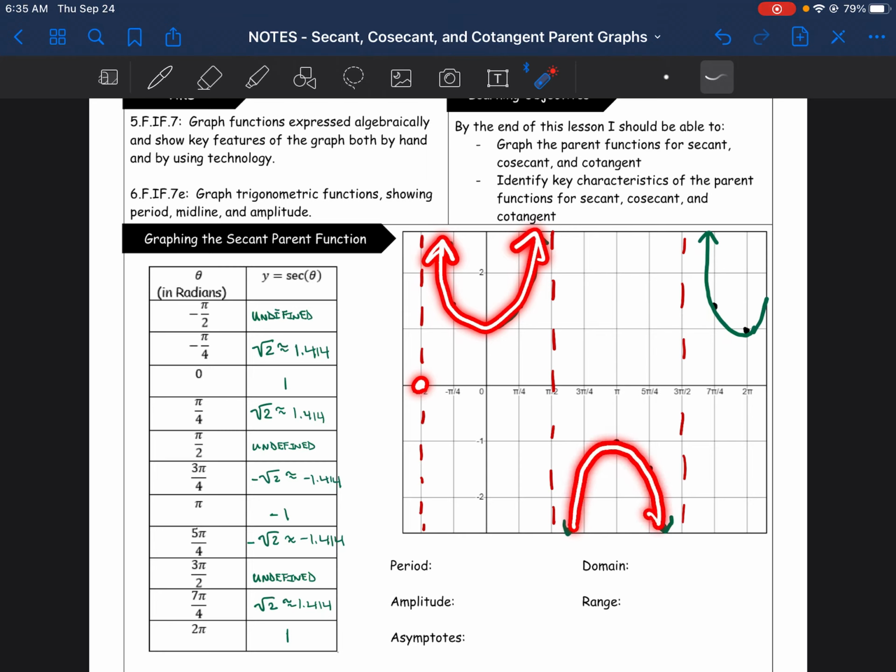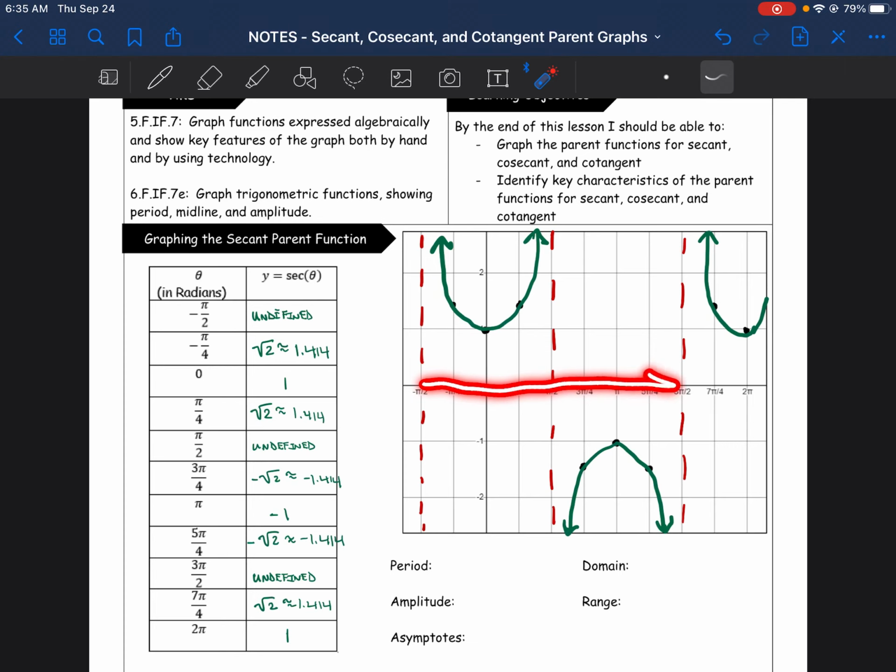This negative section, which would end at 3 pi over 2. And the distance from negative pi over 2 to 3 pi over 2, that would also be 2 pi. I know that some students like to start at 0 just so the period is easy to calculate, but going from negative pi over 2 to 3 pi over 2, this is also one complete cycle, and that period is 2 pi. So our period is 2 pi.